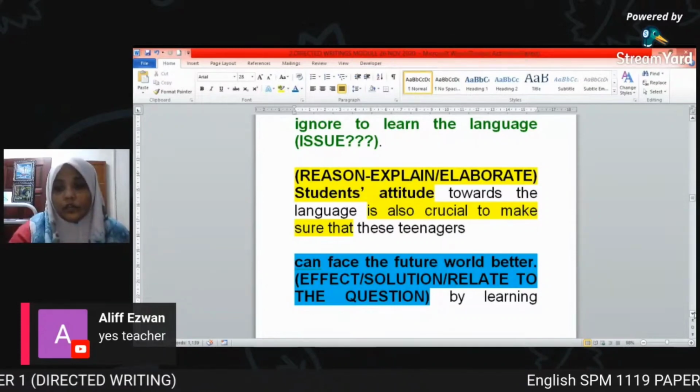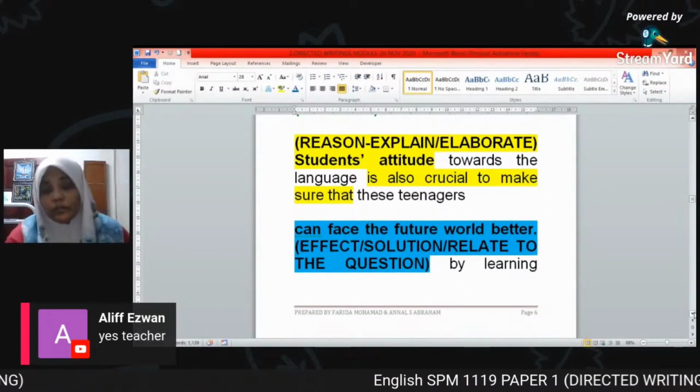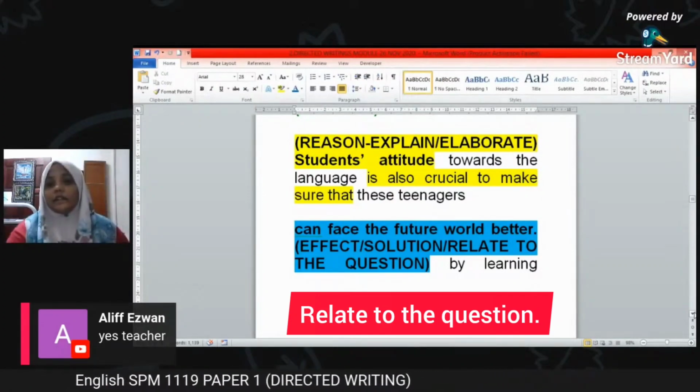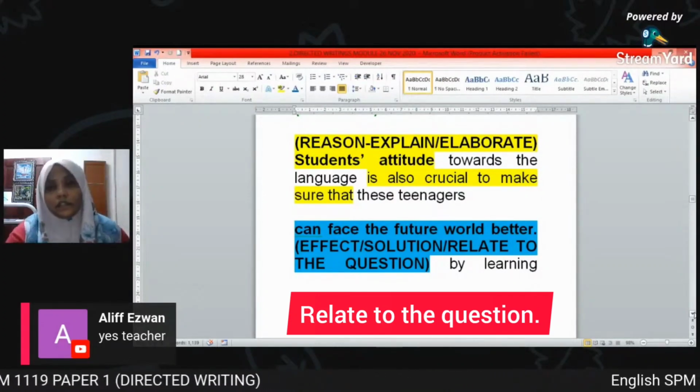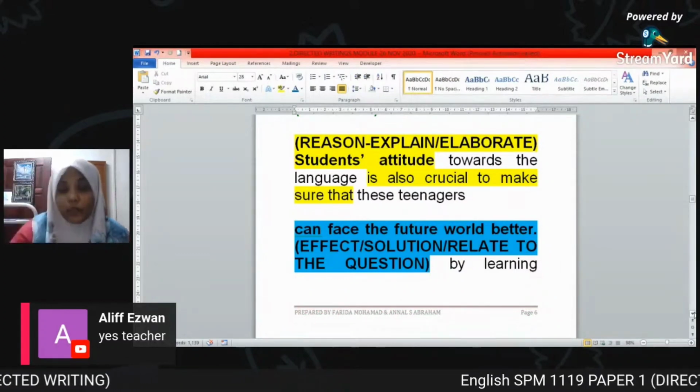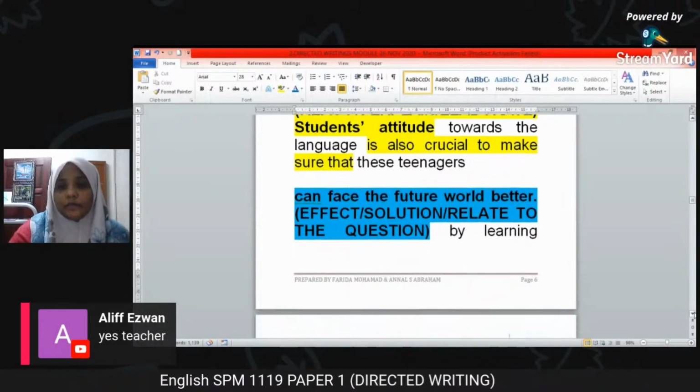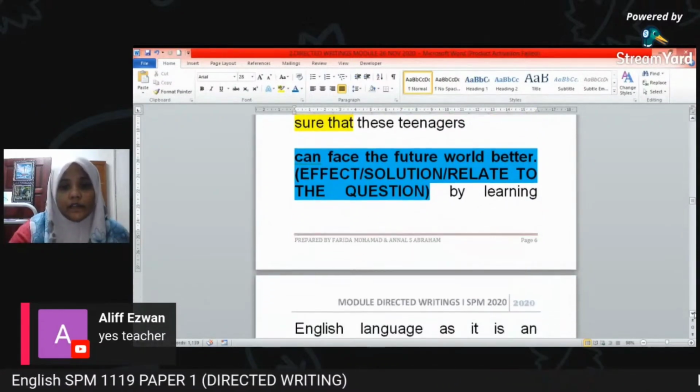This blue part can also be what is being asked in your exam question. All right. Clear with that? So we are done with that. Okay, next.